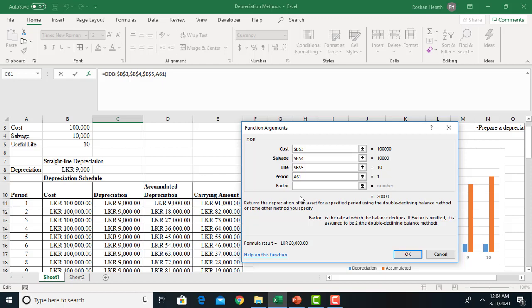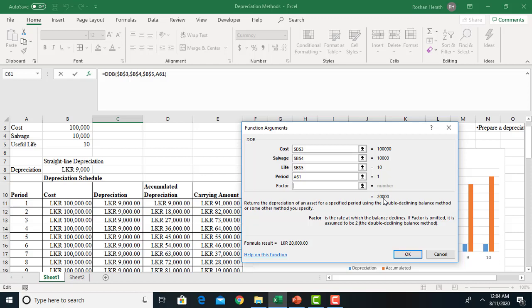By default, it is taken as 2. If you want to make it 3, make it 3 and see: depreciation becomes 30,000. If it is 4, 40,000. If it is 1, 10,000. Then the rate is equal to the straight line rate.